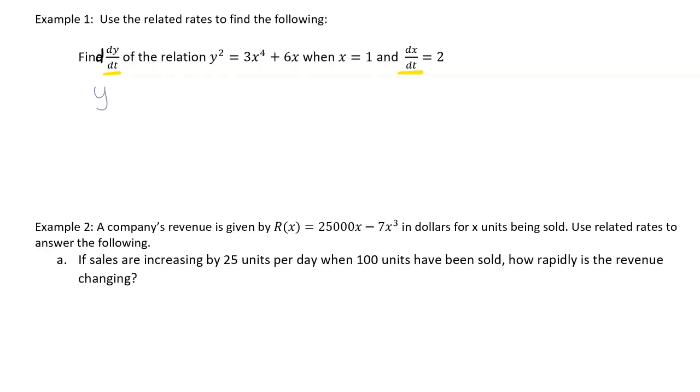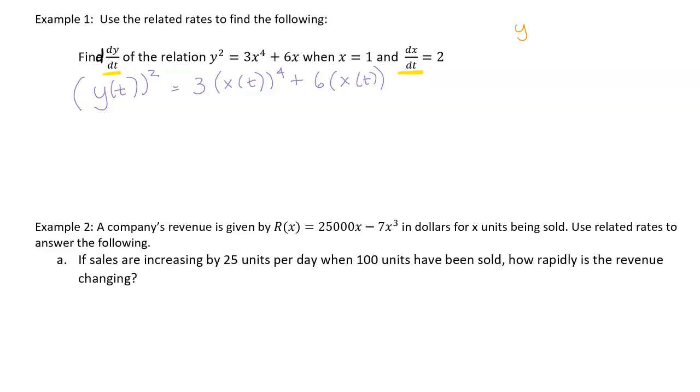All right, let's look at what we have. We have y squared, so I'm going to write this as y of t squared equals 3x to the fourth, but I'm going to write this as x of t to the fourth plus 6 times x of t. Now, for the y of t and x of t, we need to treat this as a composite function, so we're going to take the derivative using the chain rule.